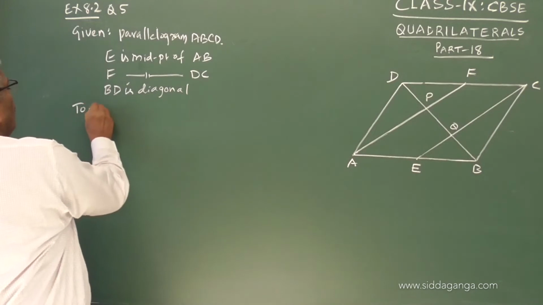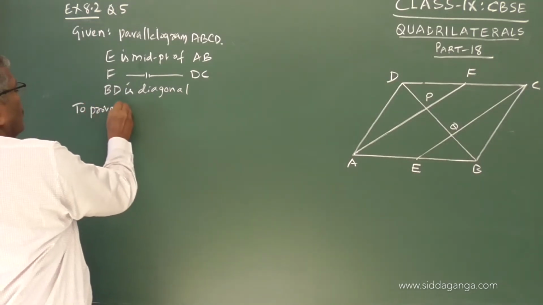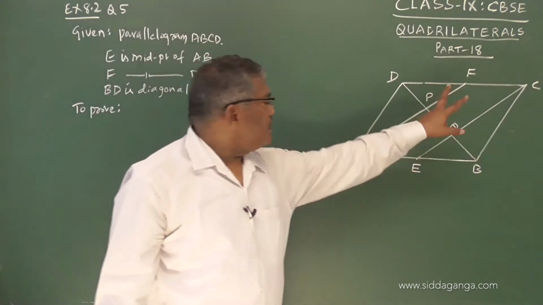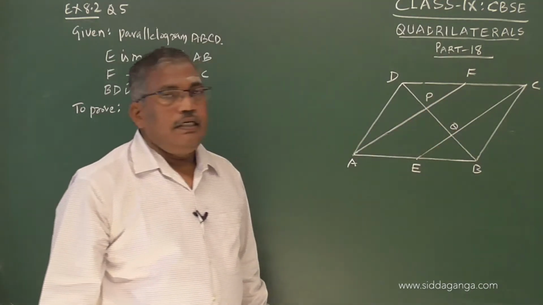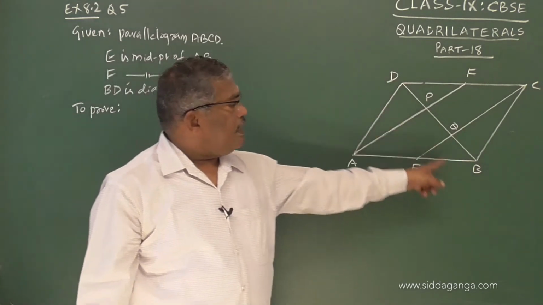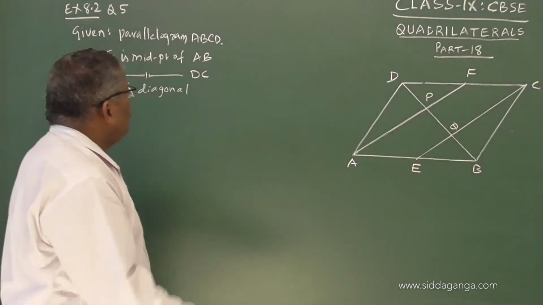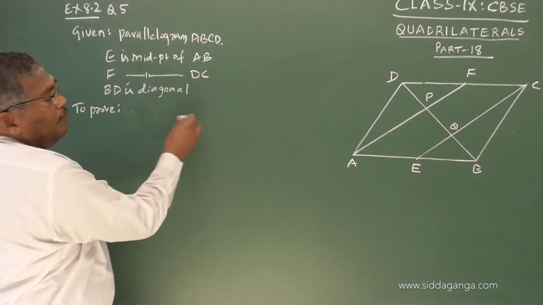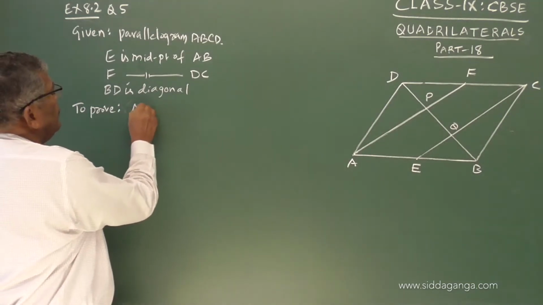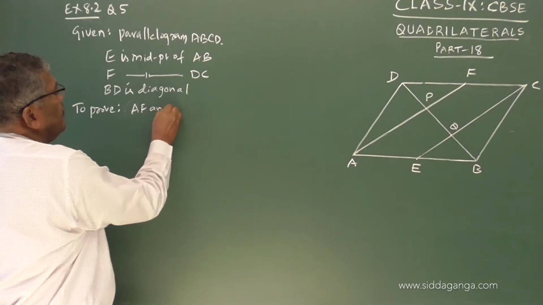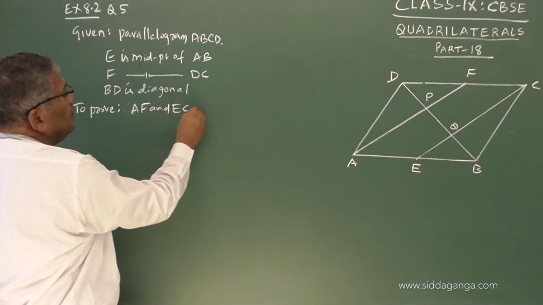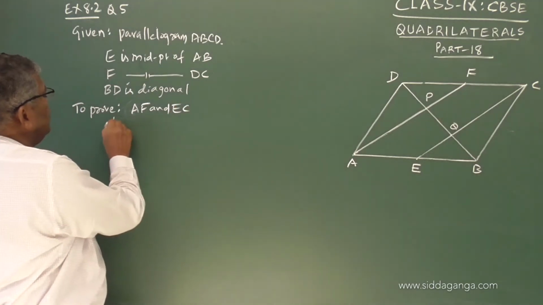To prove, we have to prove that these two lines AF and EC trisect the diagonal BD.